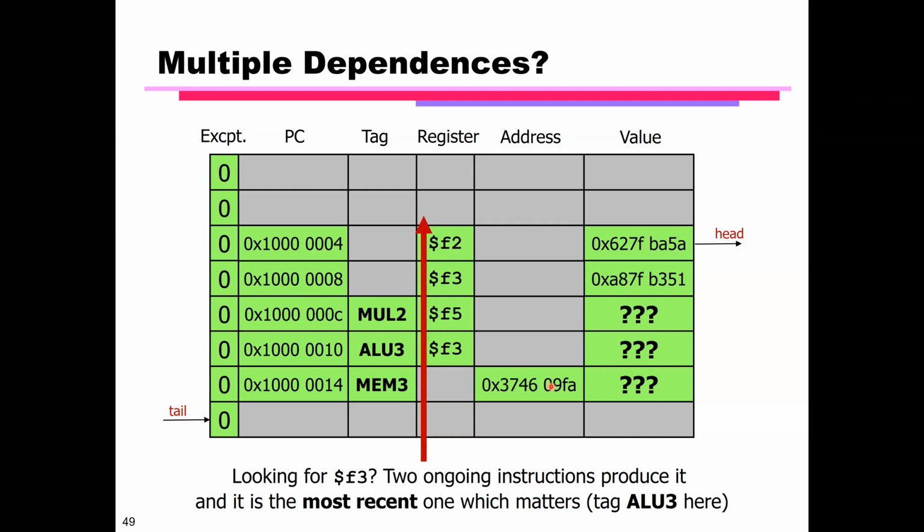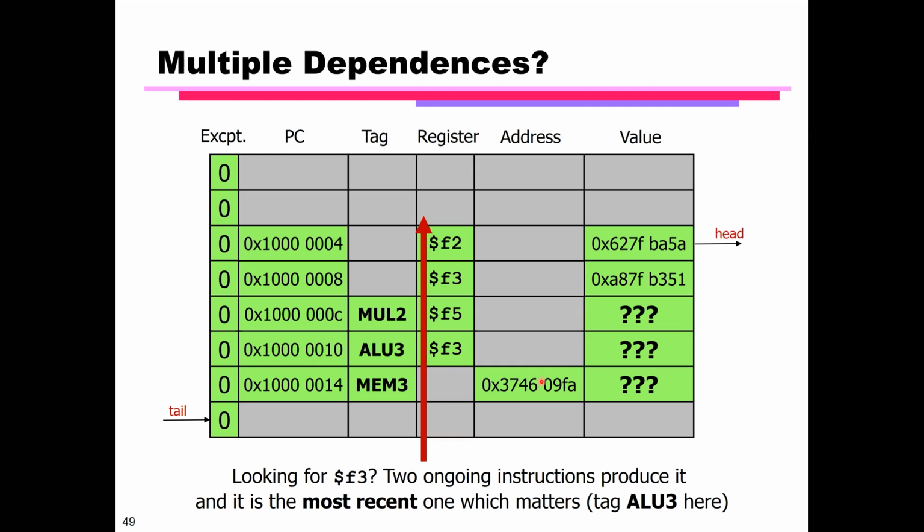Because I may not know yet where a store is going to write, or I don't know yet which address I want to read. But the first case, I don't know where the store is going to write, is a little bit more complicated because I need to check if the value is here. But if there is a store here that doesn't have a target address, I simply don't know whether I have a dependency or not. And I will have to conservatively assume that I have one.